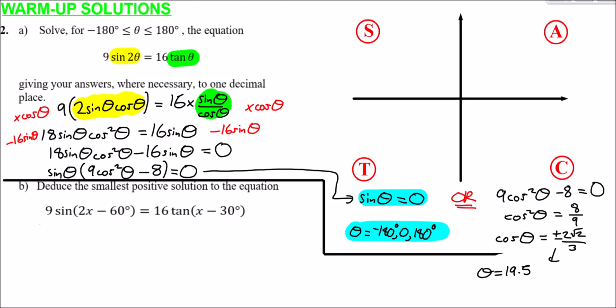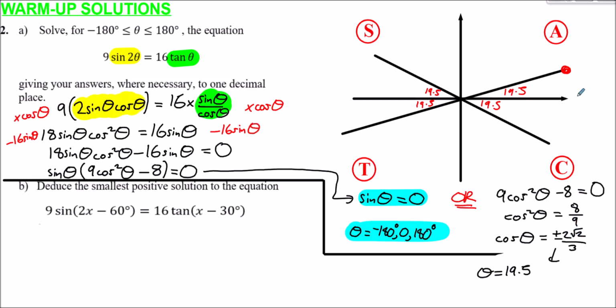So 19.5, if we just use a CAST diagram, then what I can say here is 19.5 will be there. So call that 19.5 each way round. So theta could be 19.5, and here, considering the positive 2√2, if theta is positive, I could also be looking in this bottom quadrant as well.